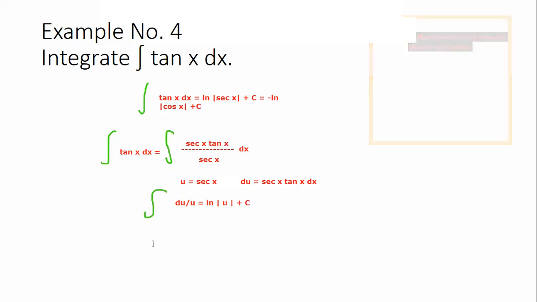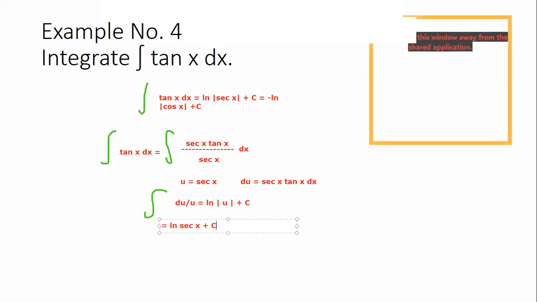In this case, this will be ln of secant x plus c. So that's one derivation. How about how it became negative ln of cosine x?